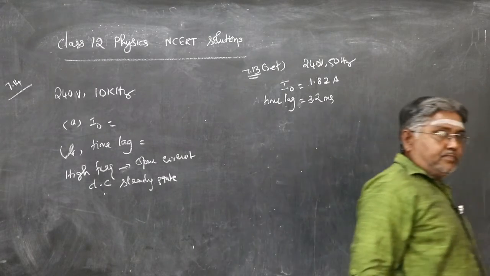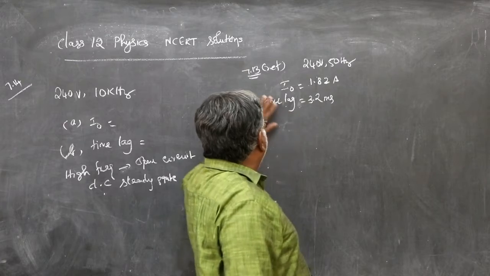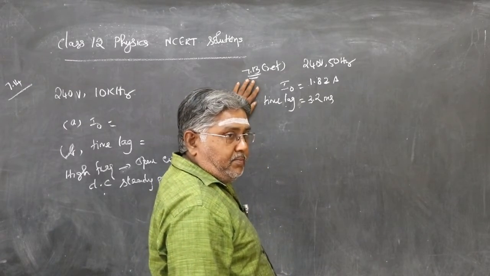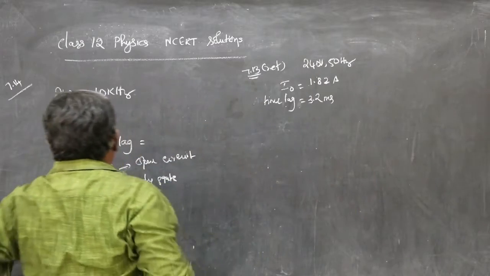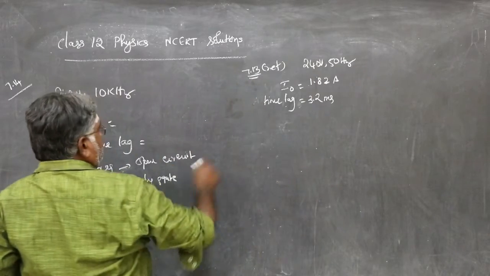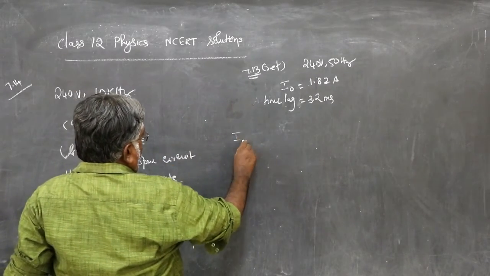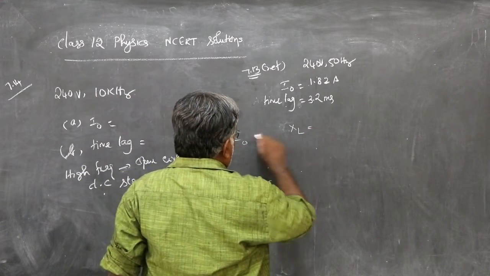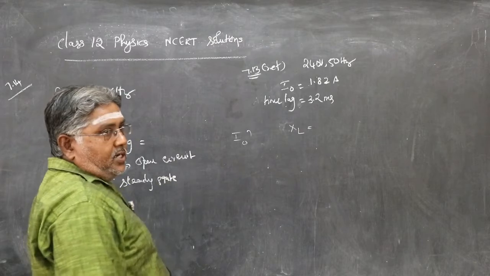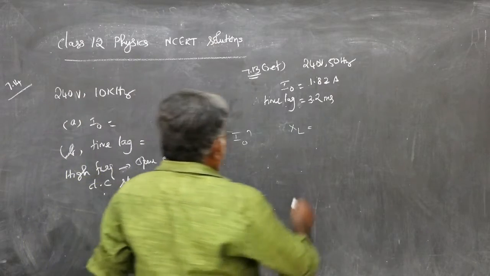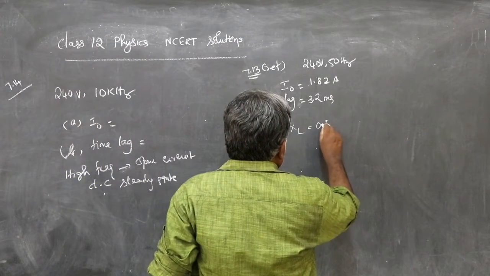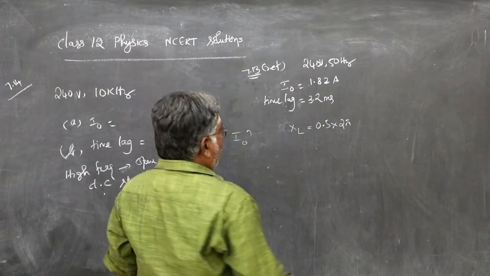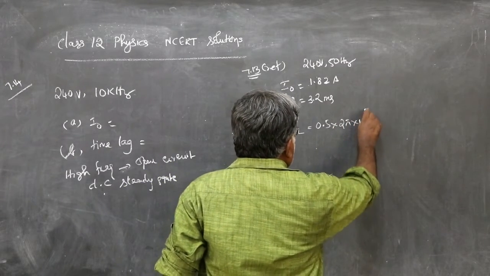Very simple. I have just given the data of 7.13 because we have to refer to 7.13. You are supposed to find the maximum current. For that you should know the XL value. XL is inductive reactance, L omega. It's given L is 0.5 Henry, omega is 2 pi F, where F is 10 to the power of 4 hertz.